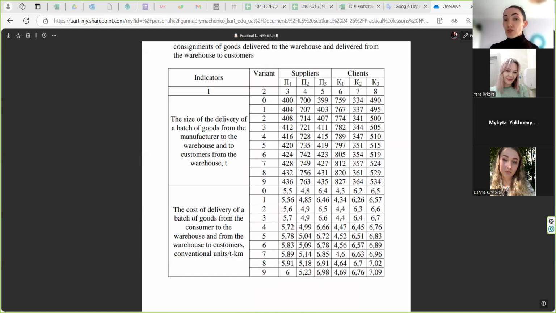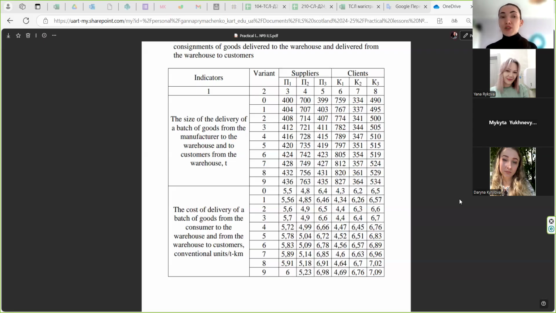Also in conventional units. So how many conventional units we need to deliver from warehouse to our three clients? Okay, calculate it, and we stop on these formulas today, and on the next lessons we continue and get the result, because now we already finished and I don't want to waste your time.